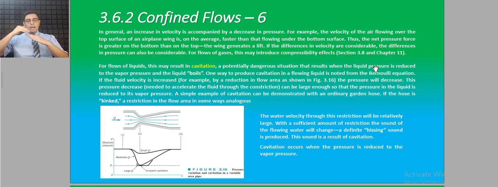When the angle is like this, the velocity passing over is really high, so the pressure on this side is really low. Vice versa, the pressure on this side is really high and the velocity is very low, so the aircraft is going to climb up.